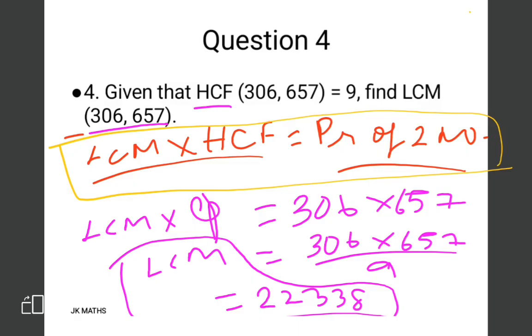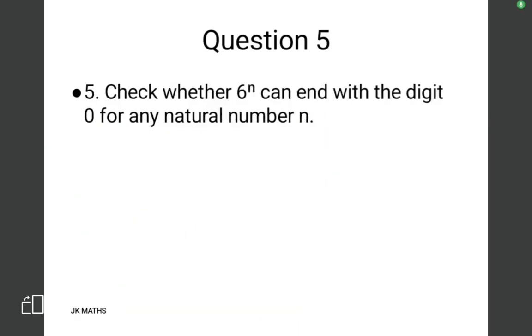So let's go to the fifth sum. Check whether 6 power n can end with digit 0 for any natural number n. They are asking whether 6 power n, that is 6 power any number like 2 or 3, can end with 0 or not. For instance, 5 into 10 gives you 50, which ends with 0.